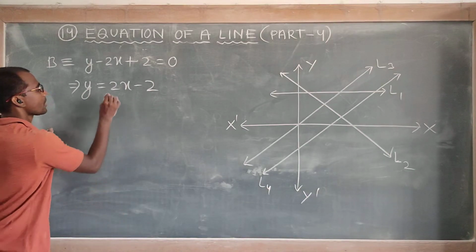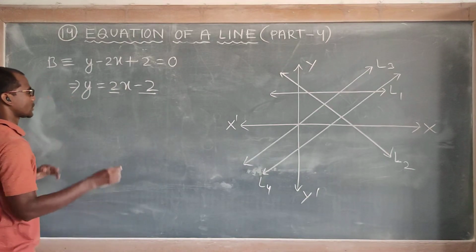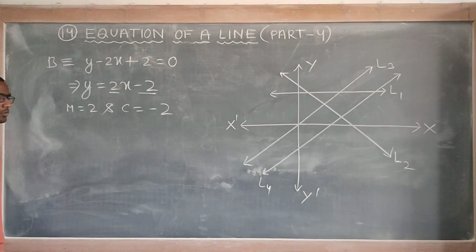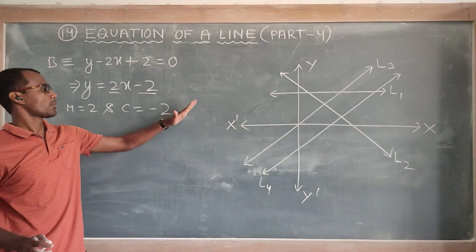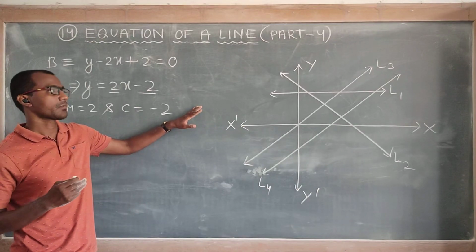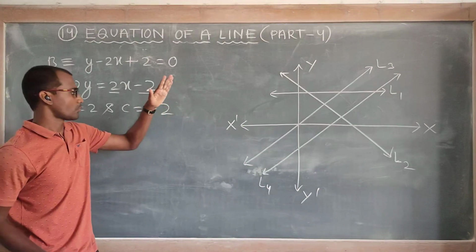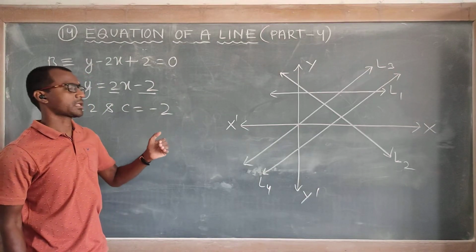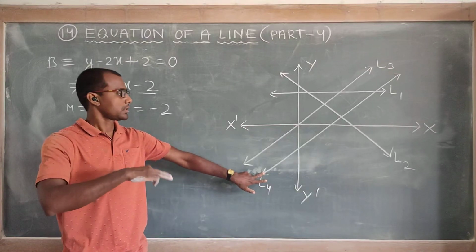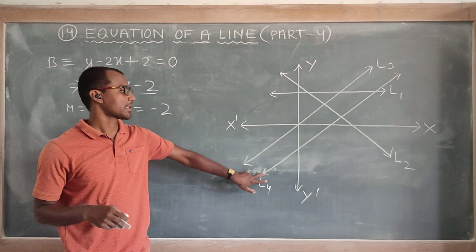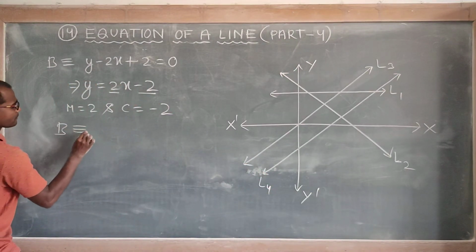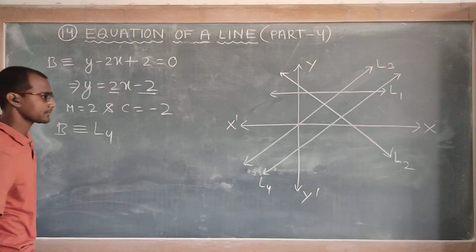Slope is 2, y intercept is minus 2. Slope is positive means the line is moving up. Y intercept is negative means it is intersecting the y-axis below the origin. So moving up and intersecting the y-axis below the origin means this line. There is no other line like this. So B is L4.